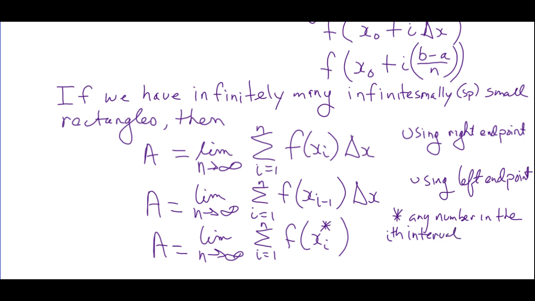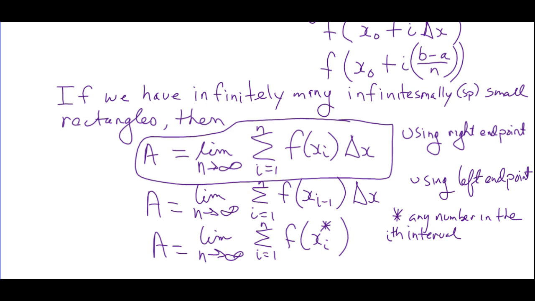And it can vary, and it doesn't matter; none of them matter. So we're going to stick with this one, because it matches up nicely. I want the area of rectangle 1, I use f of x1. I want the area of rectangle n, I use f of x sub n. Okay, right endpoint.